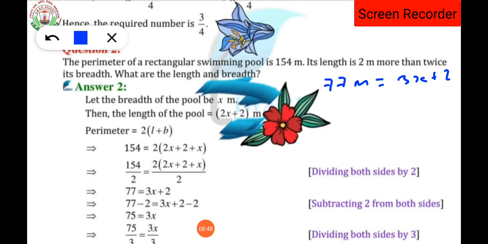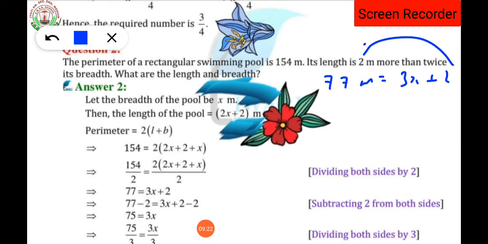Now since this 2 is a constant, it will be moved from the right hand side to the left hand side and get subtracted from 77. So 77 minus 2 will be 75. Clear? So what result are we getting here? 77 meters equals 3x plus 2.